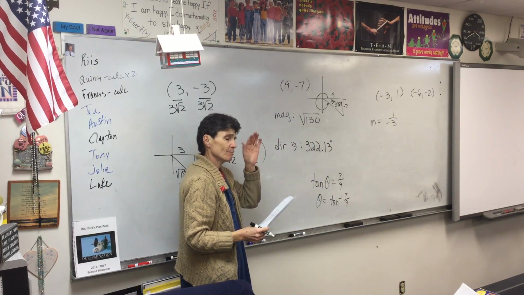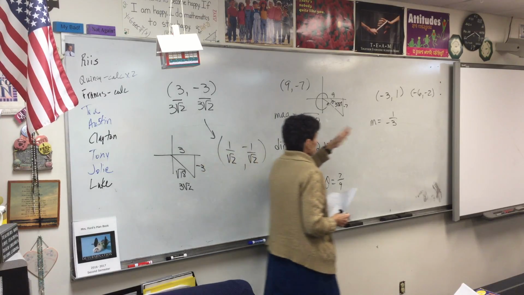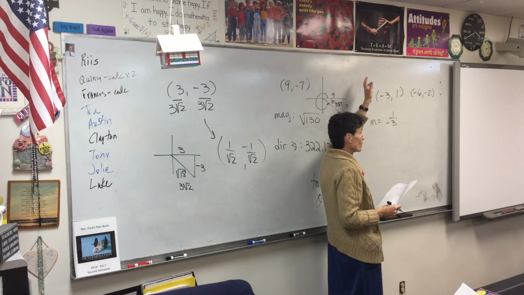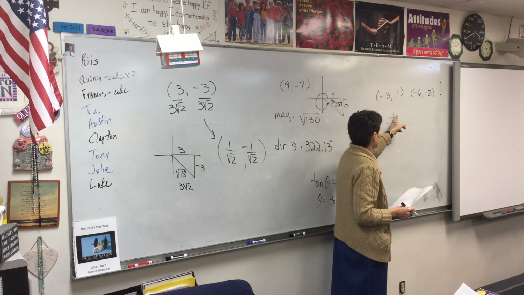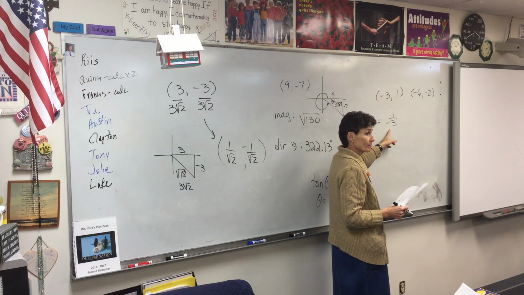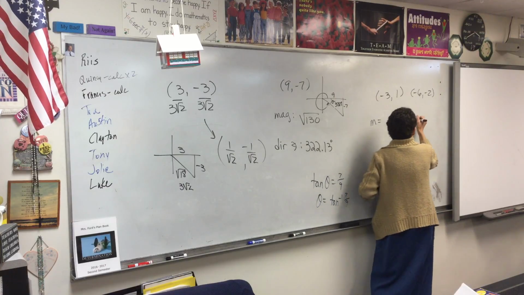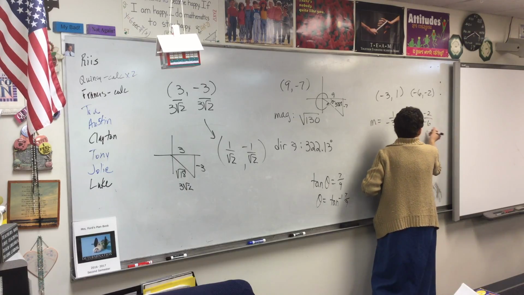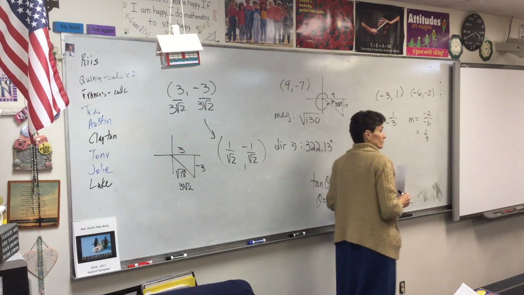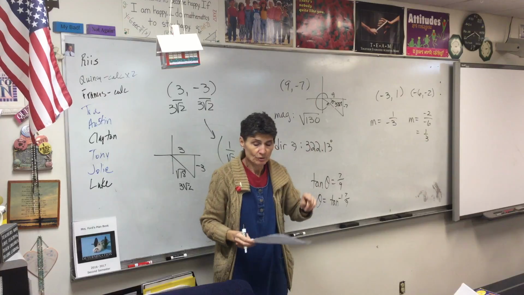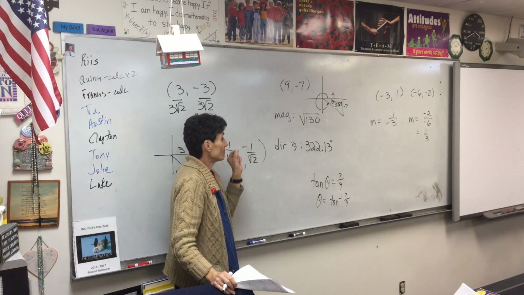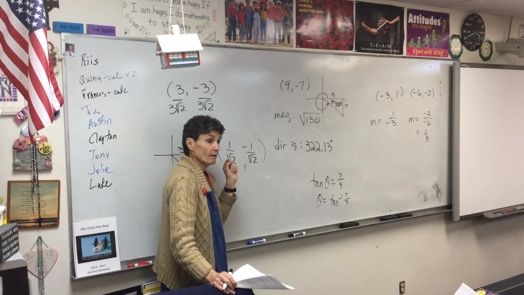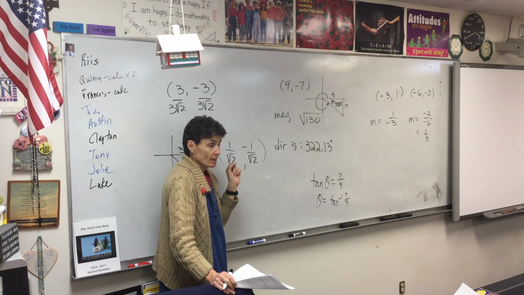This vector goes left 3 and up 1, so isn't its rise over run 1 over -3? And this rise over run is -2 over -6, which is 1/3. So one of your vectors has a slope of -1/3, and the other has a slope of +1/3.